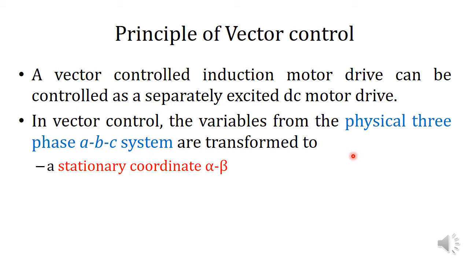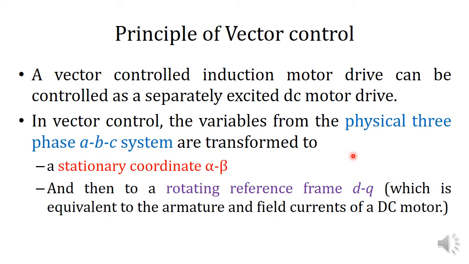Alpha and beta are the two perpendicular axes in that system. And then again we will transform this system of currents into a rotating reference frame system, that is DQ reference frame, which is equivalent to the armature and field currents of the DC motor.